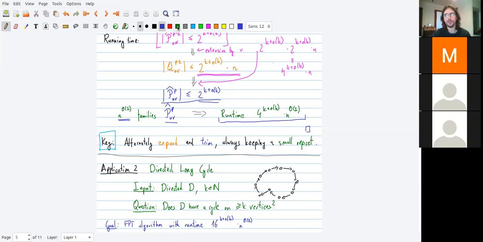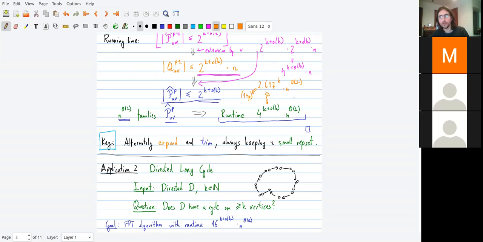If you apply the currently best algorithm for computing representative sets, you can improve it to, I think, 2.617 power k times polynomial. This is actually 1 plus golden ratio, power k. You can do it a little bit better than that. I think 2.5 something is the currently best.